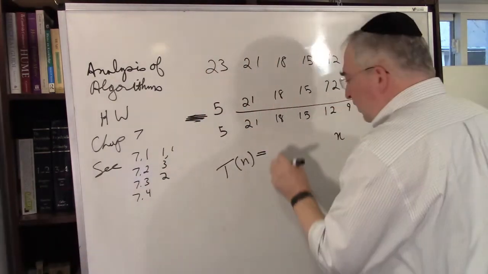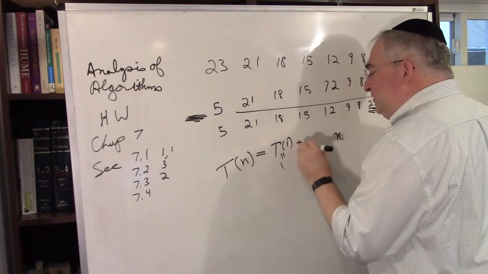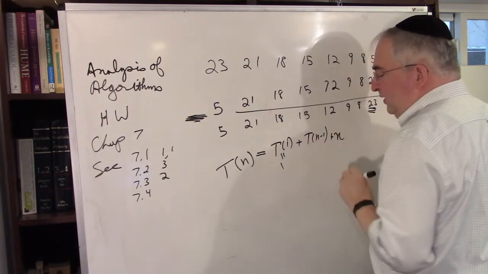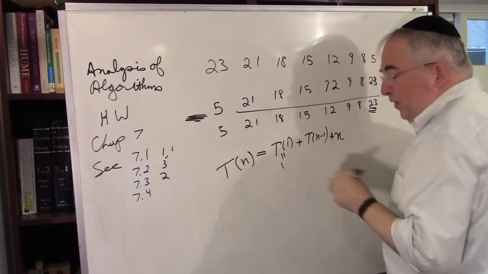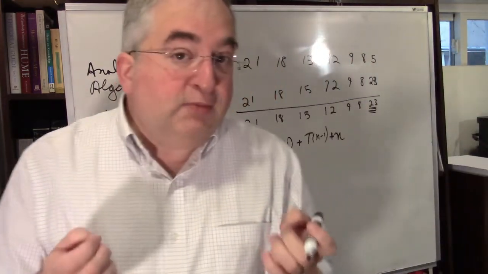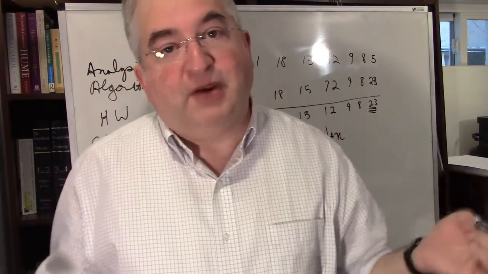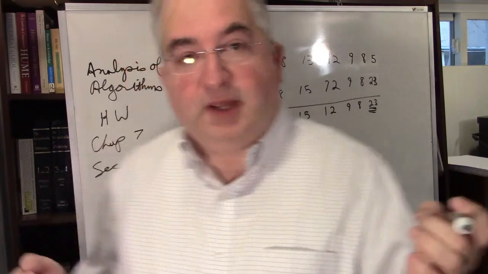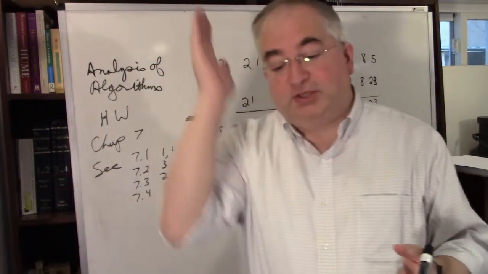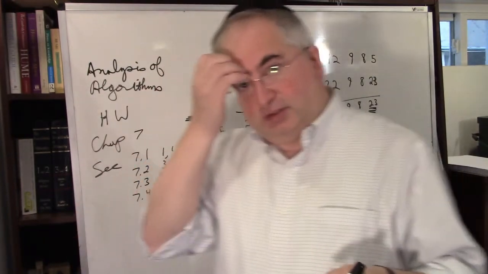So we'll have T of 1, which is a constant, plus T of n minus 1, plus n. Every time you're doing a partition, you're taking off one element. That's not very helpful. What would be helpful is if you chop it somewhere in the middle, because that does more.